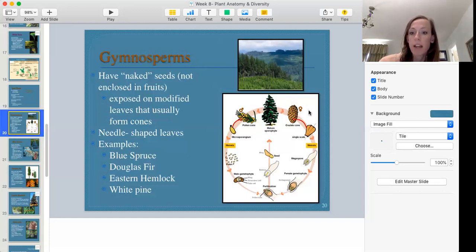So within the ovulate cone, held within the scales of the cone, you're going to have the cells developing into the female spore, the megaspore. So this is going to be housed within that ovulate cone, and that will then, of course, develop into the female gametophyte.